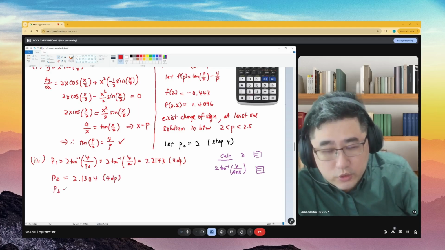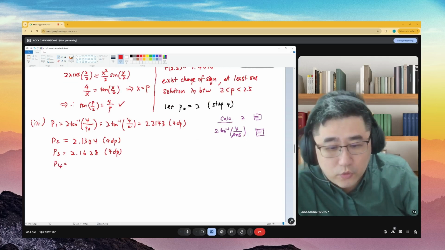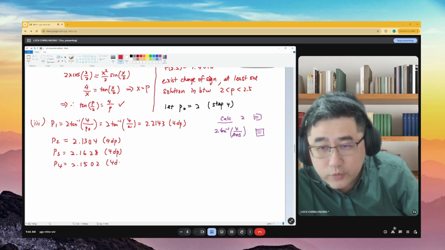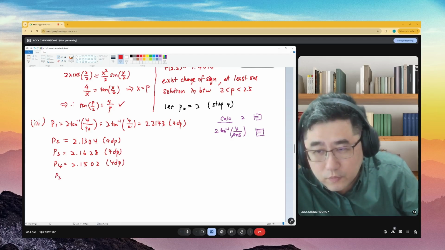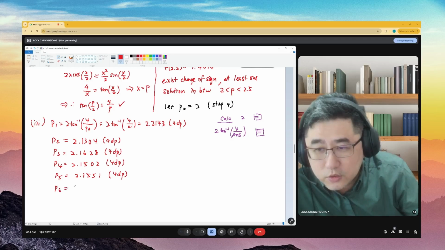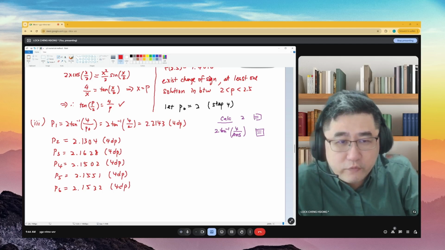P3 is 2.1628. P4 is 2.1502. P5 is 2.1551. P6 is 2.1532, to 4 decimal places. It seems like it never stops changing.